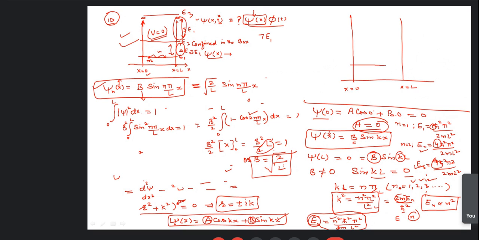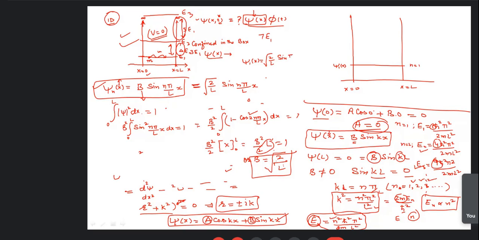So this is my state 1. Corresponding to n equals 1, I can write wave function 1 as a function of x, and I can plot this wave function. The wave function psi1 of x is the square root of 2 over L times sine of pi over L x, since n is 1 now.